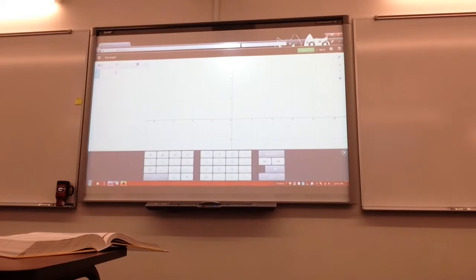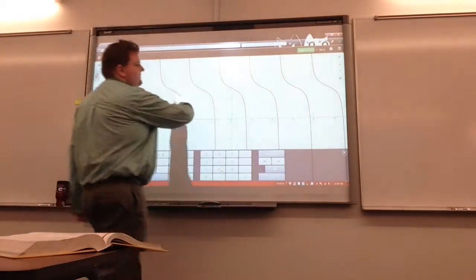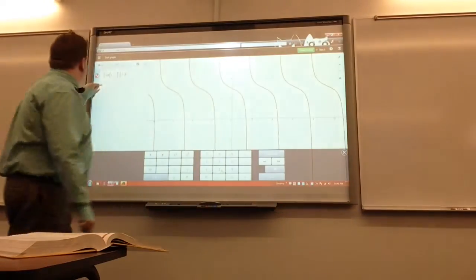Okay, so it was 1/2 the cotangent of x minus, what was it, pi over 2? Yep. Oh, that was plus 3. And if you see here, that's exactly the curve I made up here.